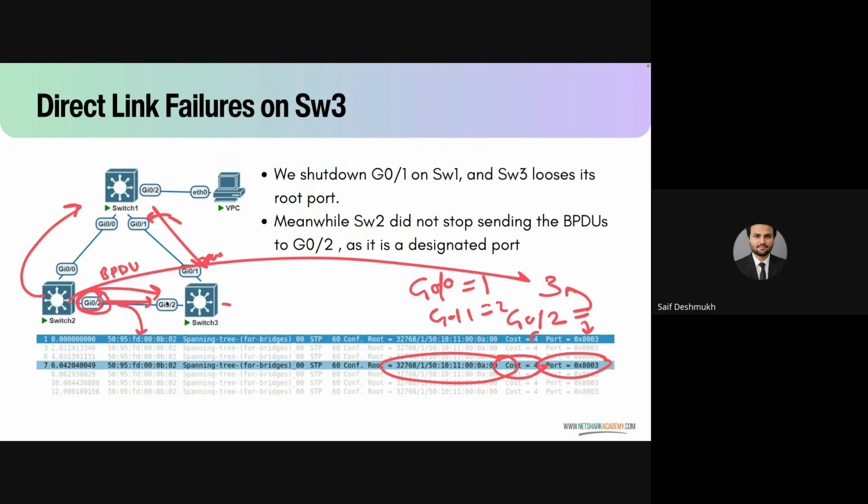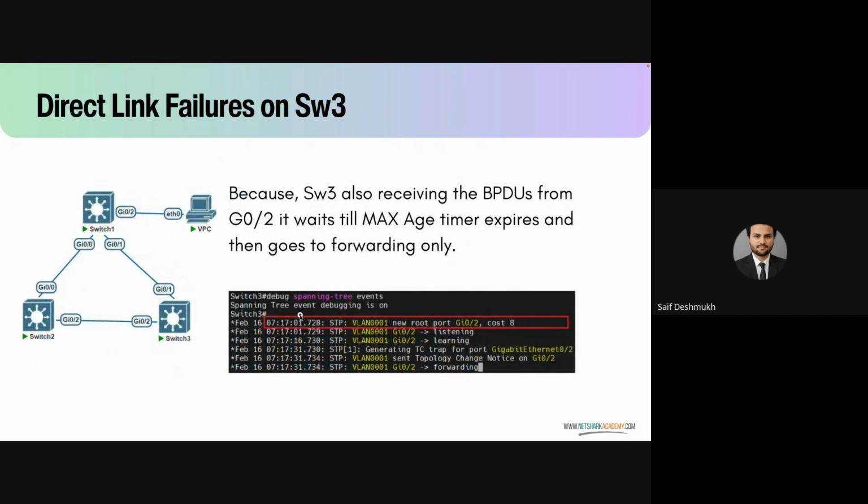So now, on the blocking interface, since we lost our root port, I did a debug here. Look at this. Debug says immediately: for VLAN 1, we have heard a new route on gigabit 0/2. The total cost is 8. How? This and this 4.